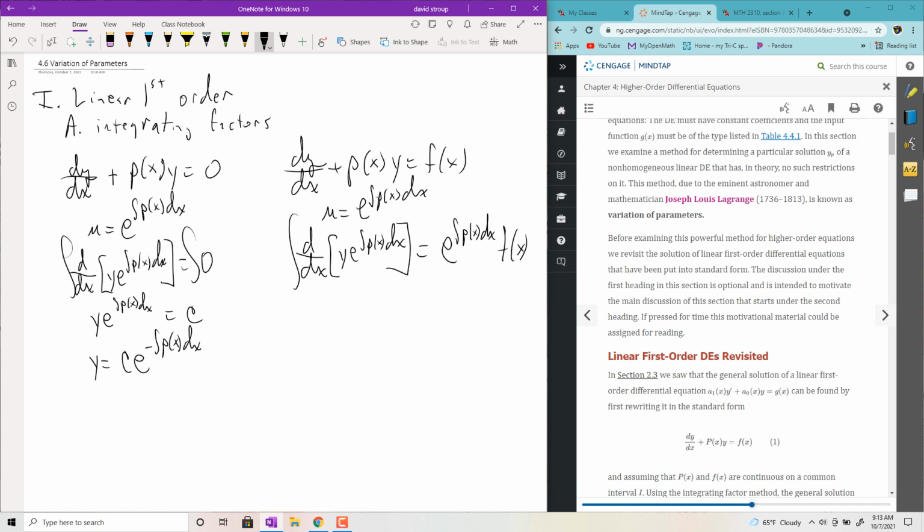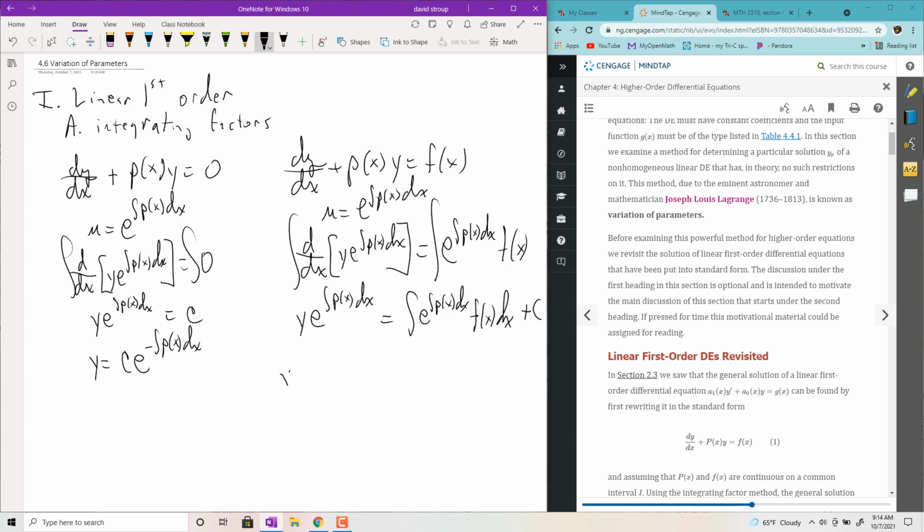Then you can integrate both sides with respect to x. So you get y e to the integral of p of x dx equals, over here, we'll just tack on a constant, the integral of e to the integral of p of x dx times f of x dx, plus some sort of constant floating around. And then I'm just going to divide everything by e to the integral of p of x dx.